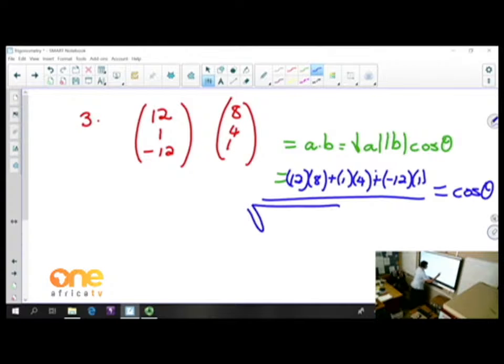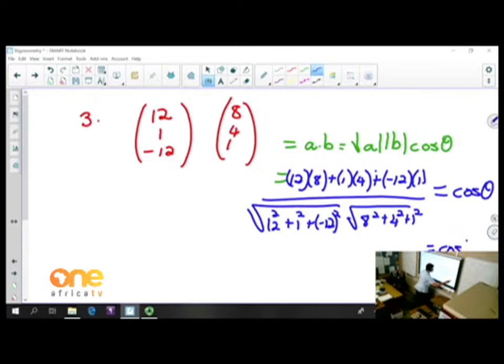So now Pythagoras is going to be all 3. So it is 12 squared plus 1 squared plus negative 12 squared. This is not 0 here. And then the second one, you multiply here, is 8 squared plus 4 squared plus 1 squared. So cosine theta, it's always good to put that step in between so that we don't make mistakes.